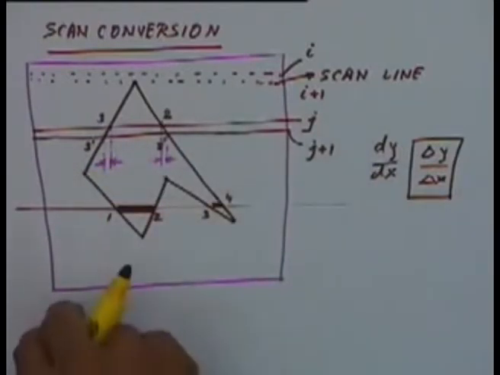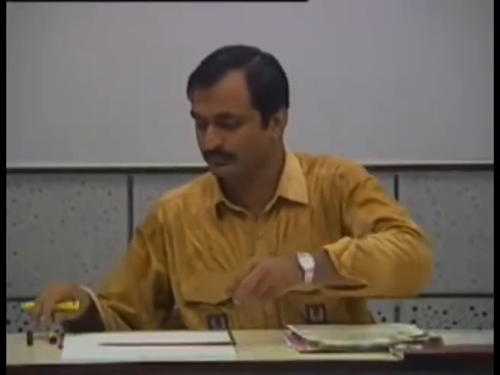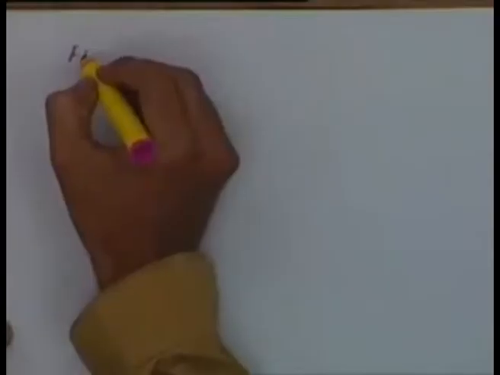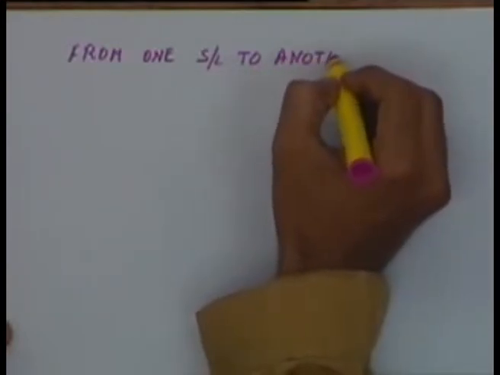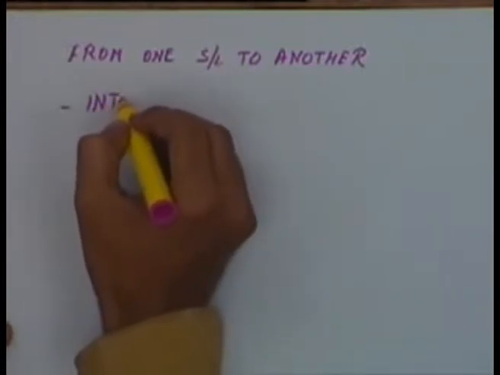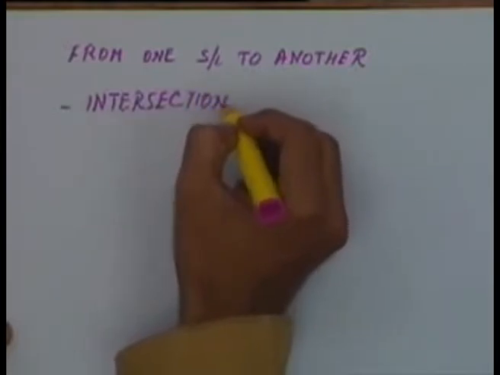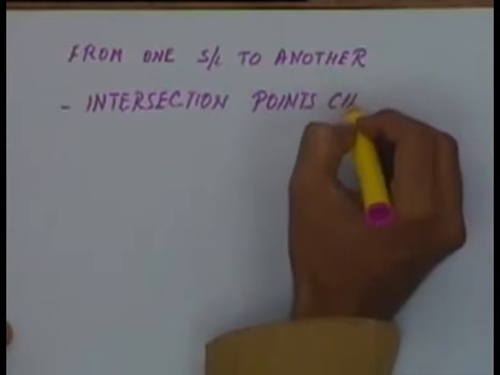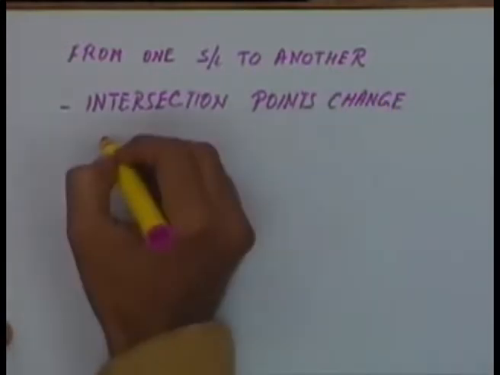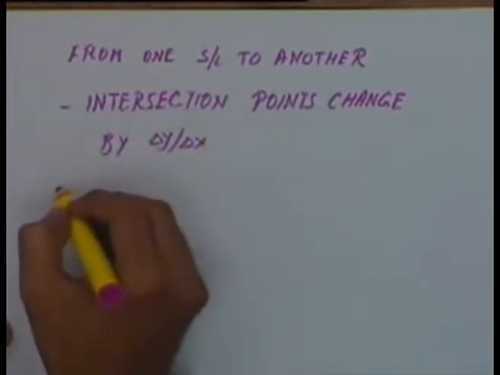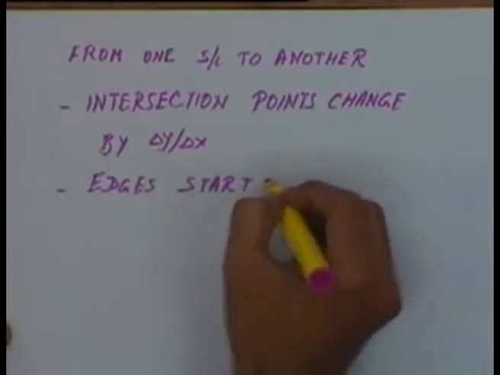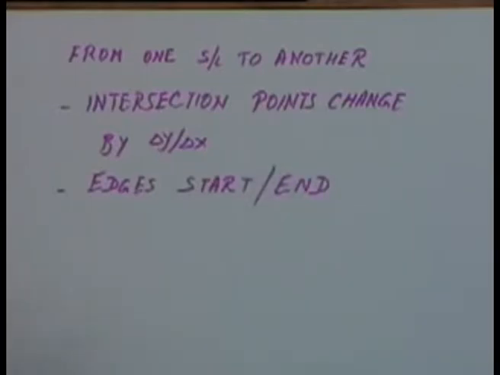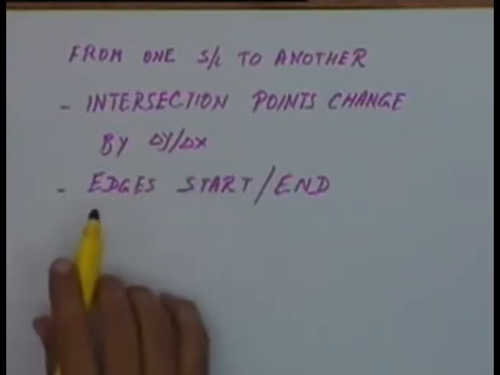So, we will say as we move from one scan line to another, the intersection points will change by an amount of delta y by delta x, and the edges would start or end.